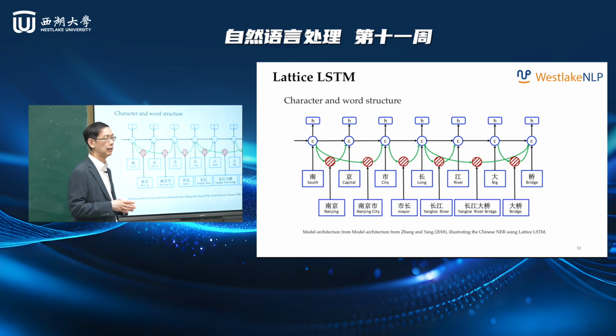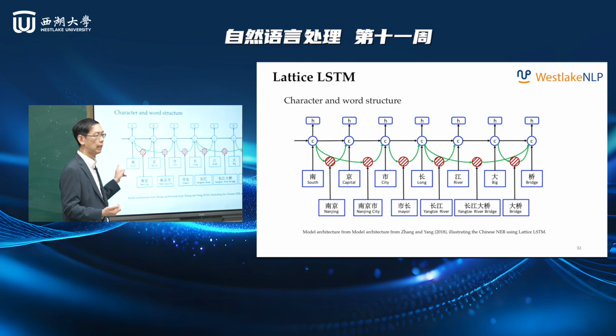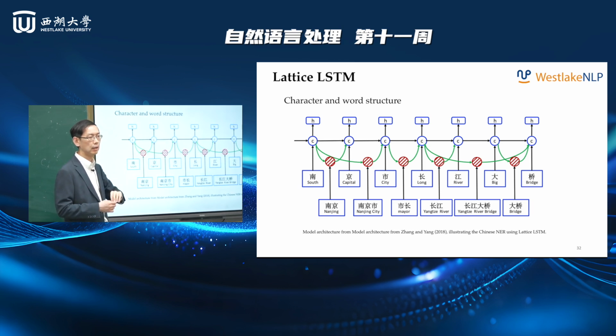One simple idea is to have a dictionary at hand. Given any character sequence, I just match the dictionary and take out every possible word, even if it might not be the correct segmentation.